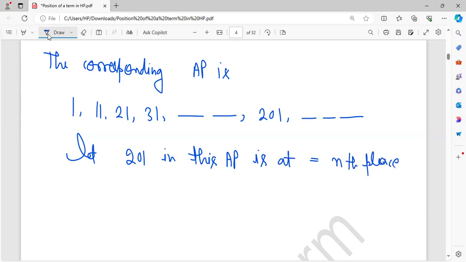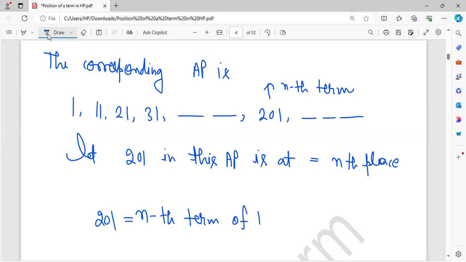So if it is the nth place, the nth term is 201. So 201 is the nth term of this AP. And the nth term is given by A plus n minus 1 into D.